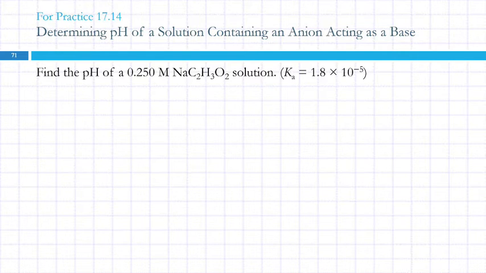So find the pH of a 0.25 molar NaC2H3O2 solution. Ka equals 1.5 times 10 to the minus 5. This is an ionic compound, right? Metal, non-metal. We learned in Chem 1A that we separate those into 2 ions, 1 cation, 1 anion.